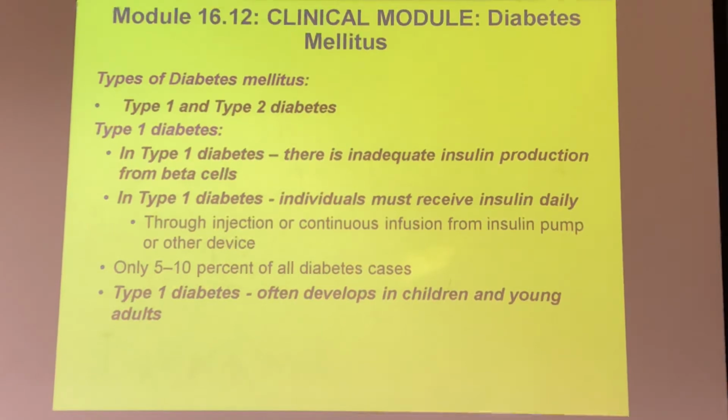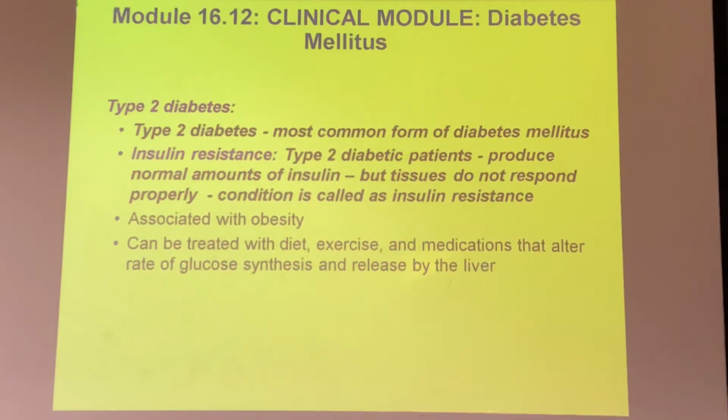Type 2 is the common form of diabetes mellitus, because more people have type 2 than type 1. What happens is insulin resistance: these patients produce a normal amount of insulin, but tissues do not respond to it properly.